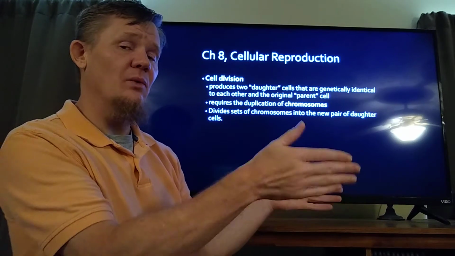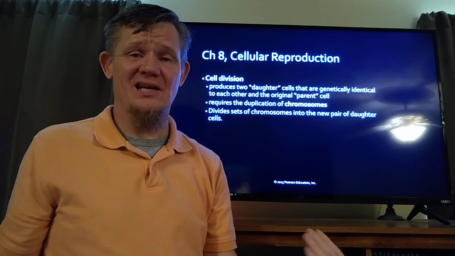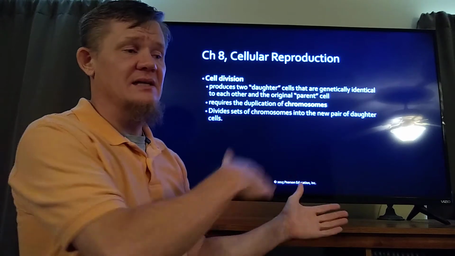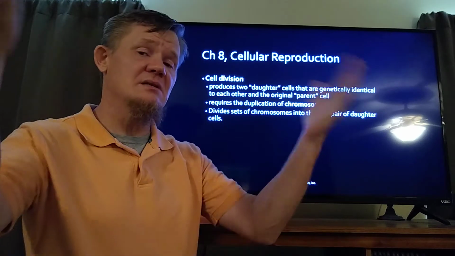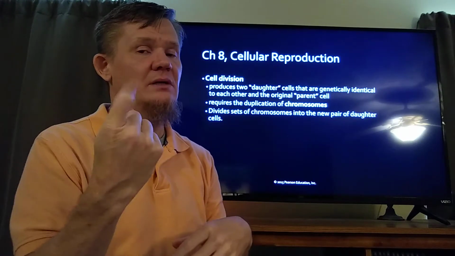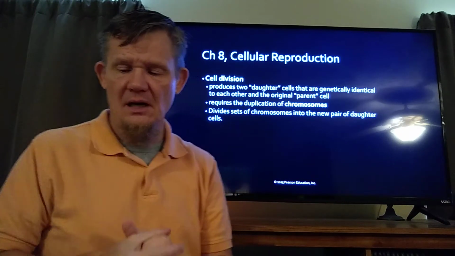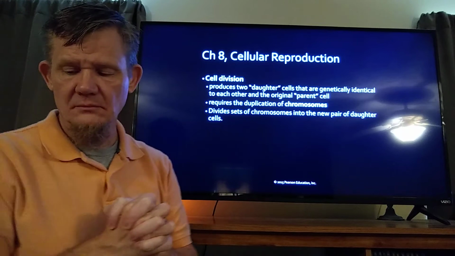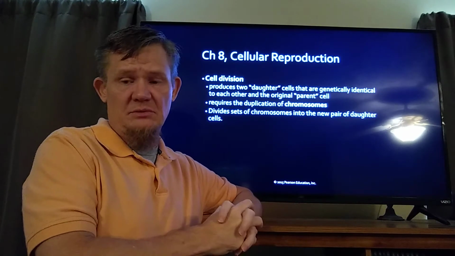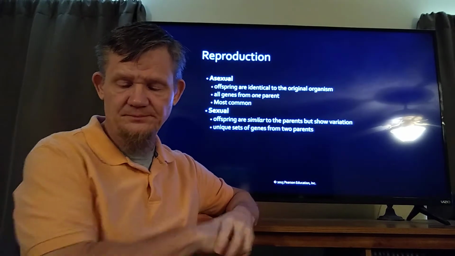What does she need to do to that one set before she dies to make sure that both of her daughters each get a set? And the answer is she has to make a copy of it. She has to make a copy of that set. So right before she begins the dividing process, right before she dies, she doesn't just have one set, complete set. She has two complete sets. Cells will divide the sets of chromosomes equally between the two daughter cells, and that's what we just said, so that each daughter cell has a complete set.